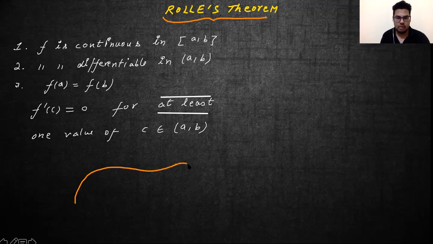So we have to come to this same level, because both of them are same. Now in this condition, you will definitely find some value where f dash c will be equal to 0. So it simply means that there will be a tangent which will be parallel to the x-axis. It has to be.